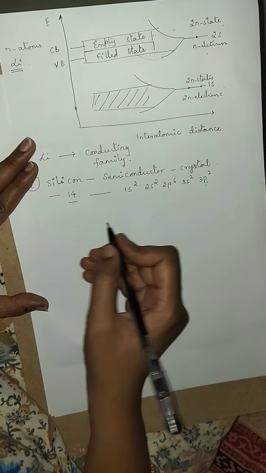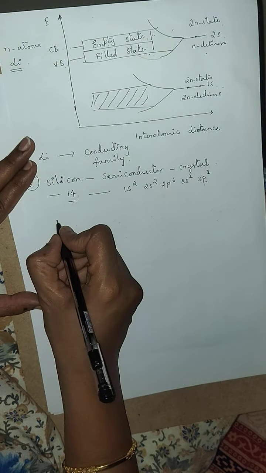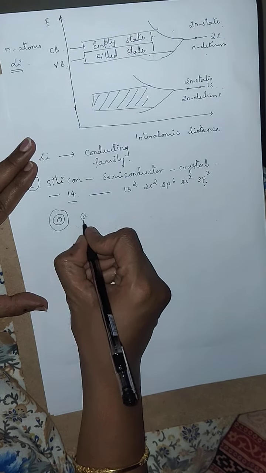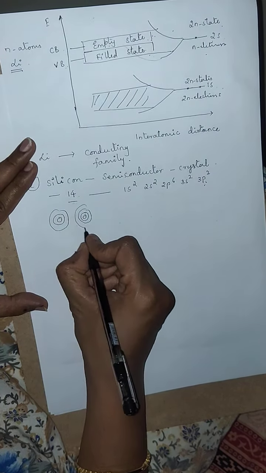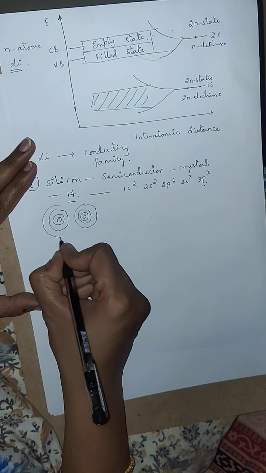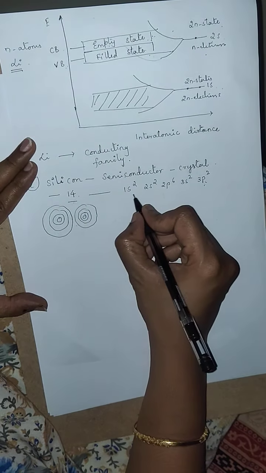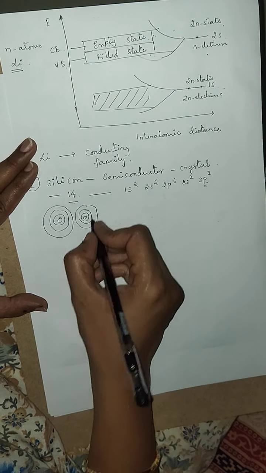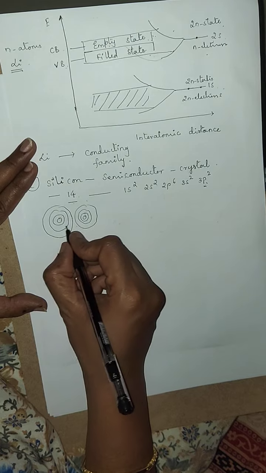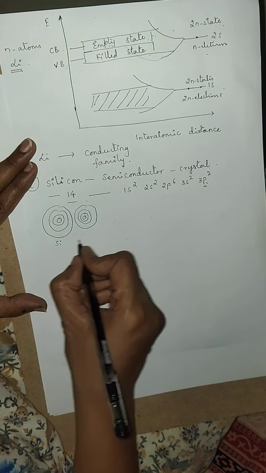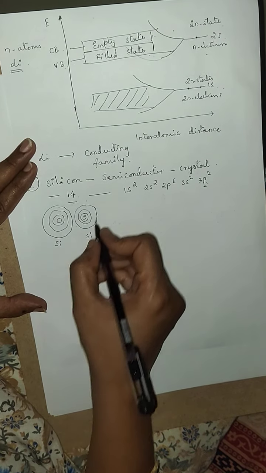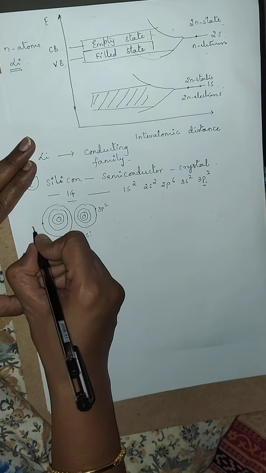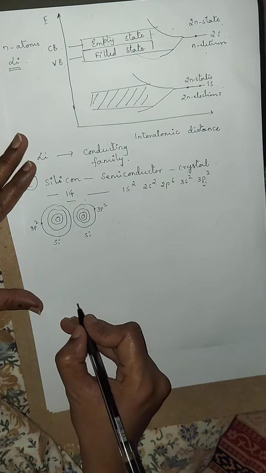So as we know, if I bring two atoms of silicon close to each other, what is going to happen? The energy bands will be formed. In this case, I'll not take all of this. Let's go to the 3p state. If I take two atoms of silicon, this is a silicon atom, and this is a silicon atom. This has 2 electrons in 3p, and this also has 2 electrons in 3p.